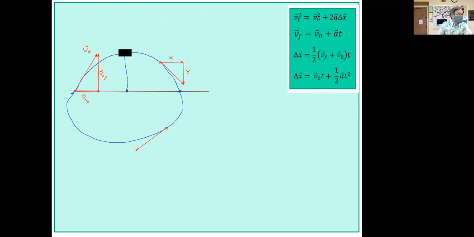So a horizontal and vertical component. So there it is. At this point as well, you have a horizontal and a vertical.